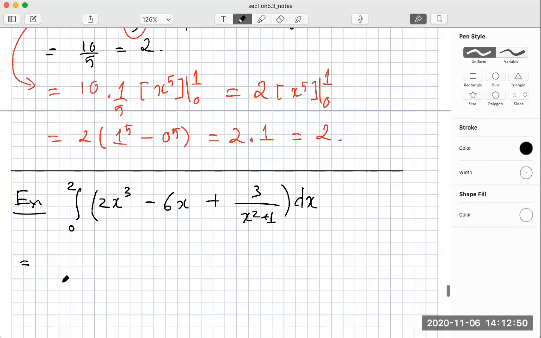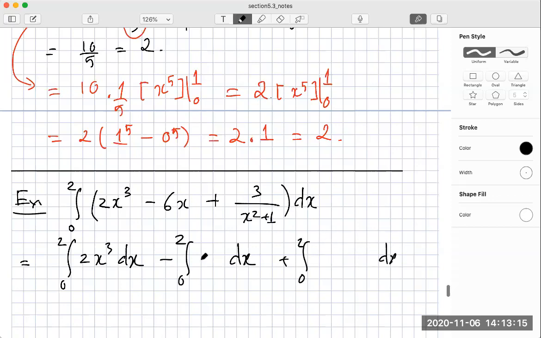Right? It will be integral from 0 to 2 of 2x cubed dx, right? Then subtract integral from 0 to 2 of, what is it next here? Yeah, 6x here.